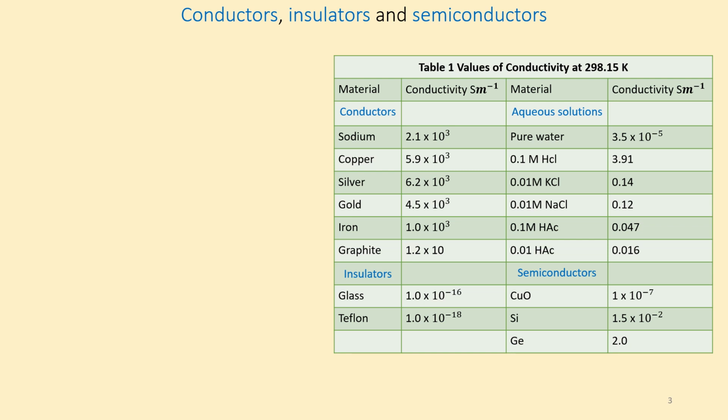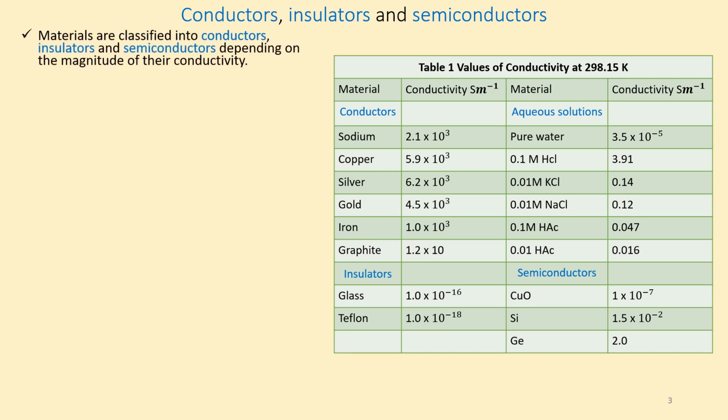Conductors, insulators, and semiconductors. All materials can be classified into three different types, conductors, insulators, and semiconductors, depending on the magnitude of their conductivity.